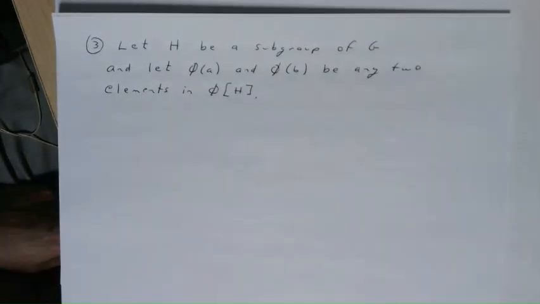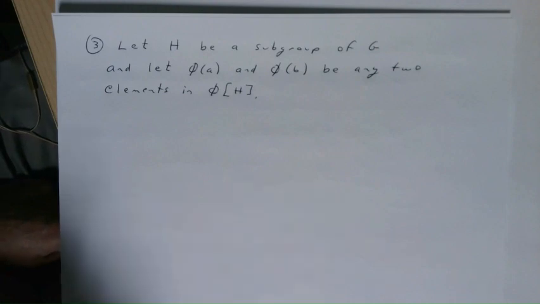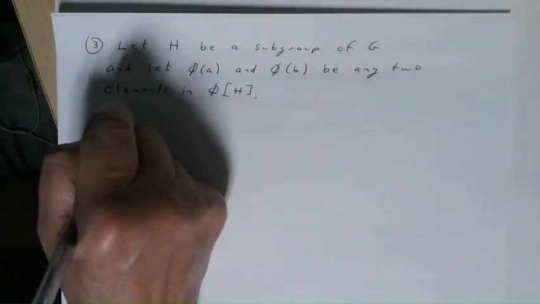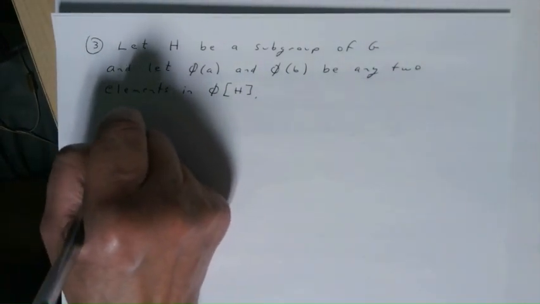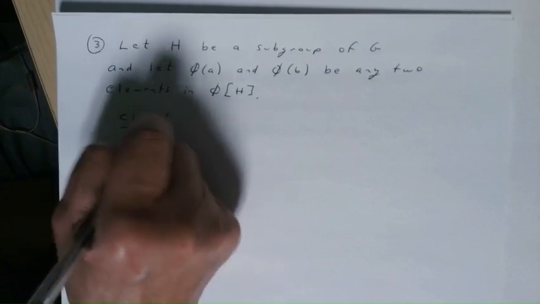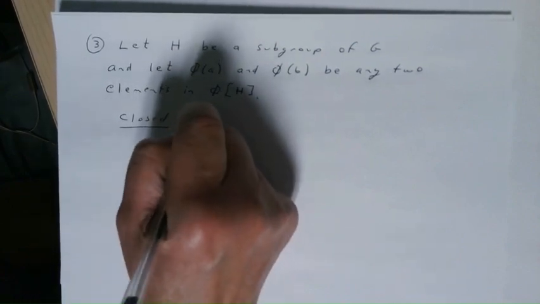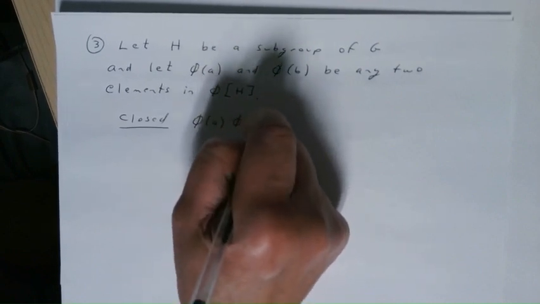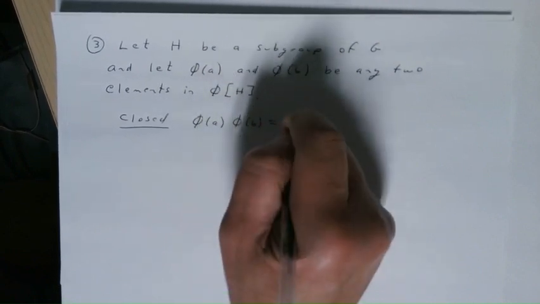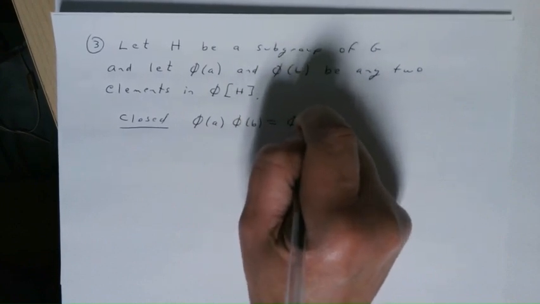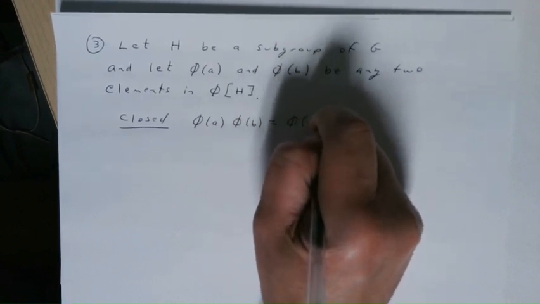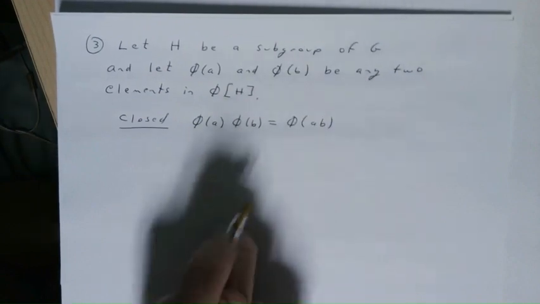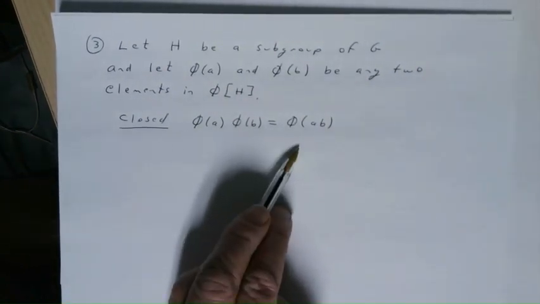So we're going to first say that it's closed. So if we do phi of A, phi of B is going to be equal to phi of AB. Again, because it's a homomorphism, this is going to be true.